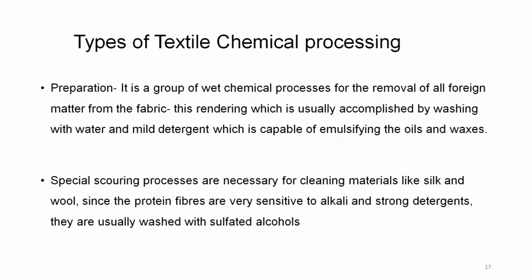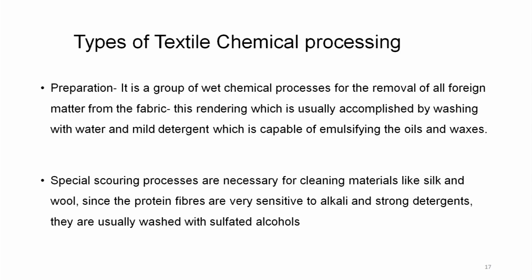Types of chemical processing. Preparation is a group of wet chemical processes for the removal of all foreign matter from the fabric. This is usually accomplished by washing with water and mild detergent, which is capable of emulsifying all the oils and waxes present in the grey cotton, or the starting woven material, which is now brought for dyeing and printing.